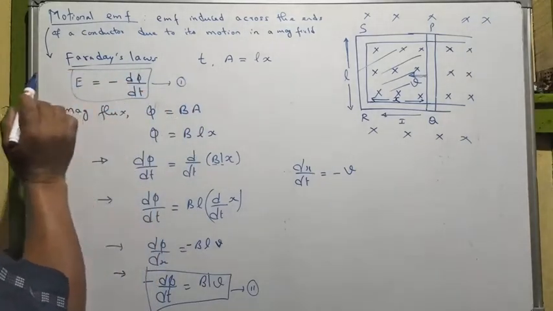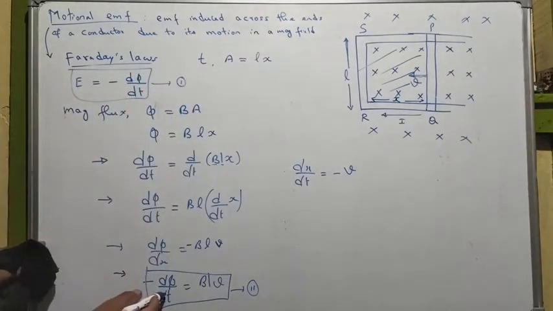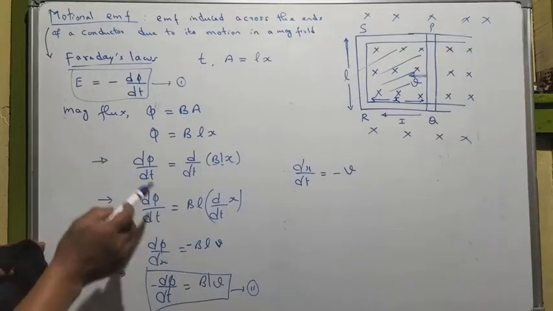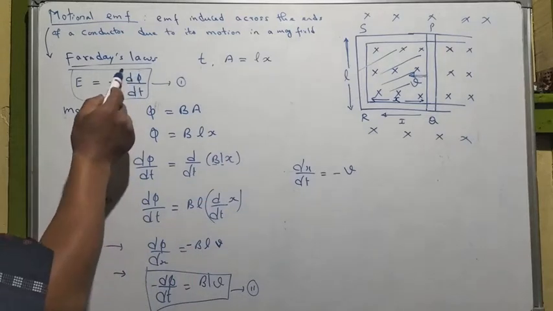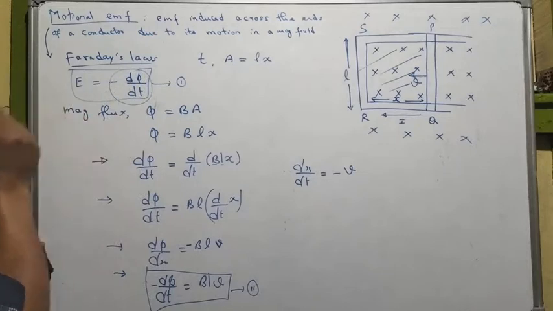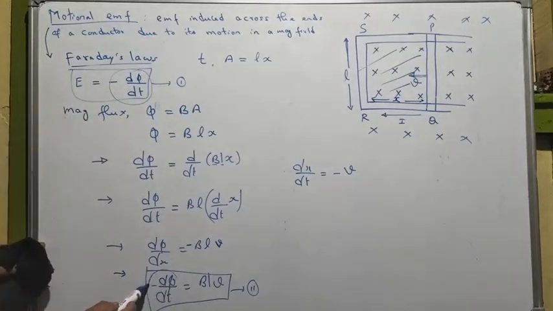Equation 1 is from Faraday's law, and equation 2 is when I consider the motion of the conductor through a uniform magnetic field which is acting perpendicular to the plane of the board. Comparing the two equations, we have minus dΦ upon dt equals E, whereas in this case minus dΦ upon dt equals BLV.